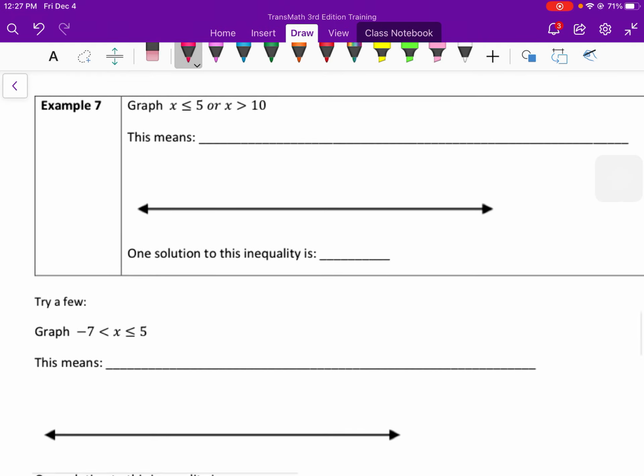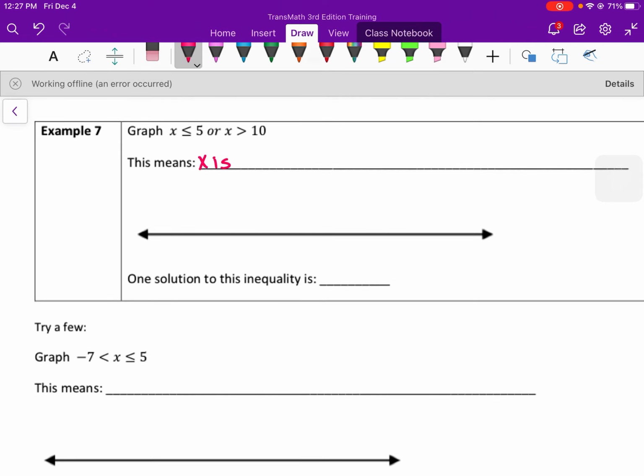We'll do one more. This one says x is less than or equal to 5 or x is greater than 10.